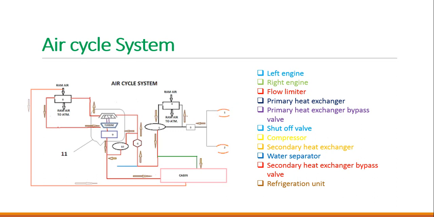So we have engines and flow limiter, then primary heat exchanger, then primary heat exchanger bypass valve, then shut off valve, then compressor, secondary heat exchanger, water separator, secondary heat exchanger bypass valve, and lastly the refrigeration unit.